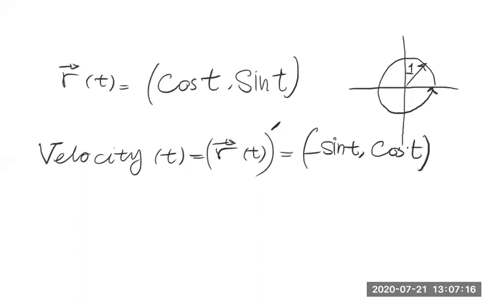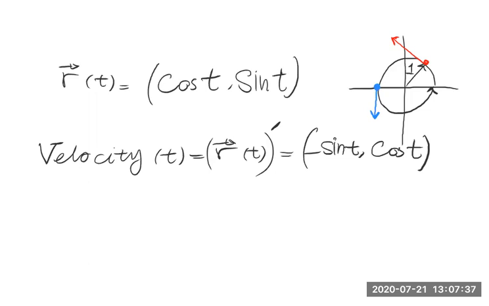And if I ask you to show it on the graph, what would be the velocity vector? It always would be tangent to the curve. So if I ask you what is the velocity at this point, you should say it would be tangent to this curve.